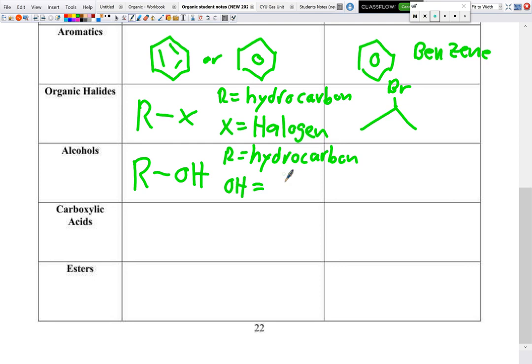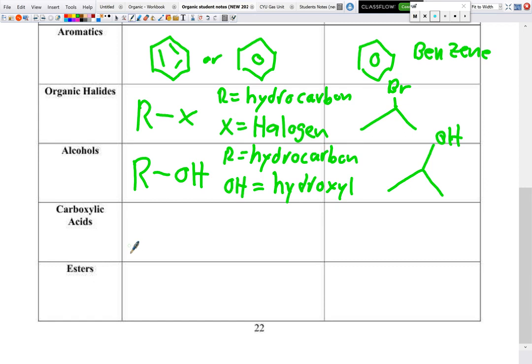Now normally, when we had our acid-base chemistry, OH minus was a hydroxide ion, but when we have it covalently bonded to a carbon like this, it is called hydroxyl. So an example of what we can have, you'll see something like this. Same thing, we can have our hydrocarbons. In this case right here, we have a propane with a hydroxyl. So we're going to get into how we can name these eventually.